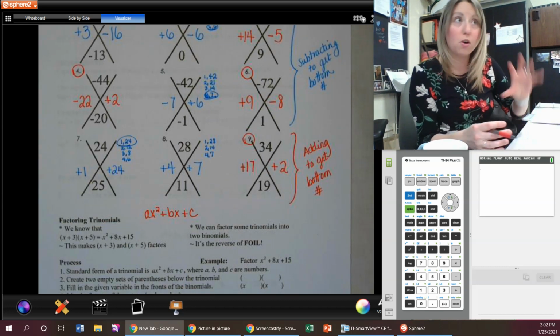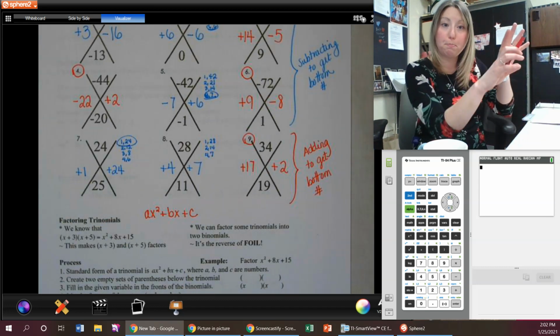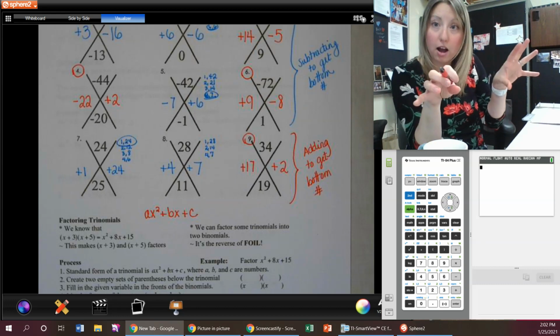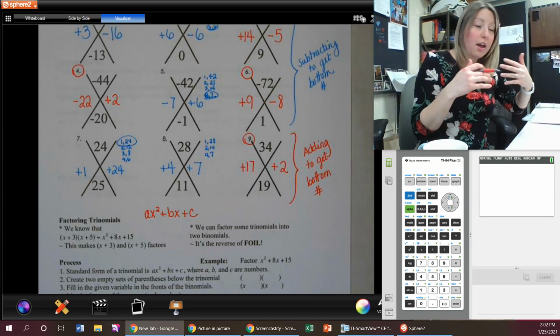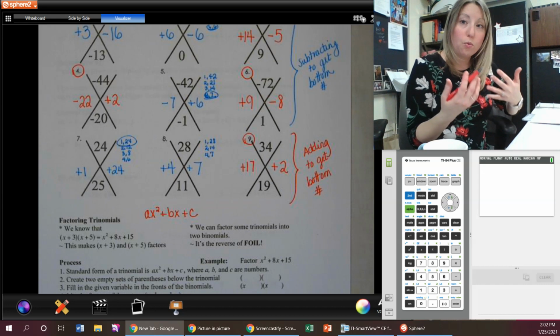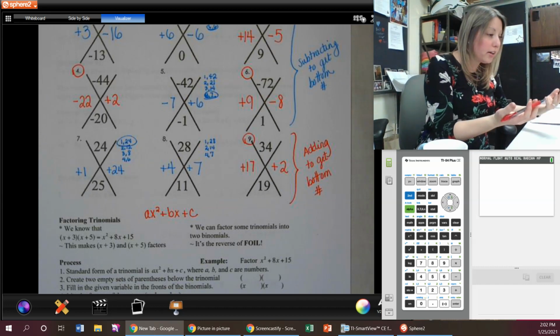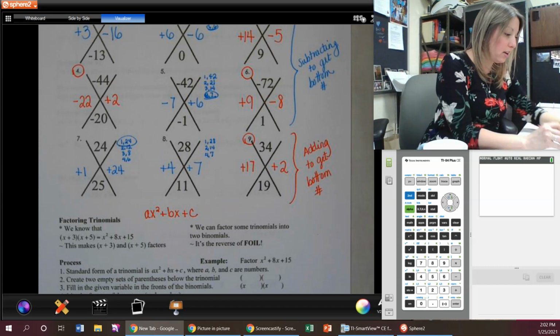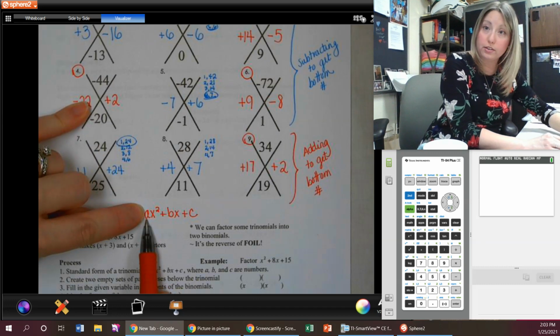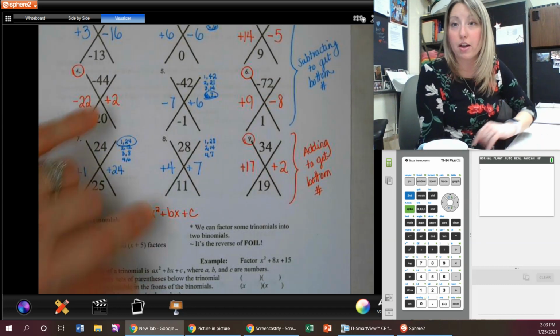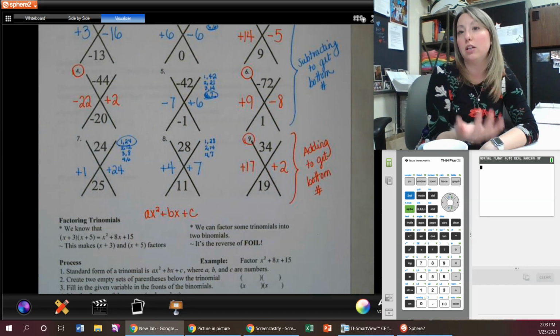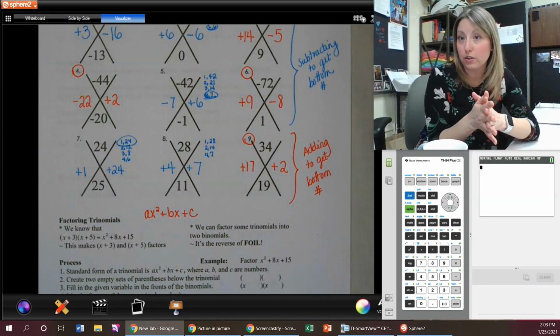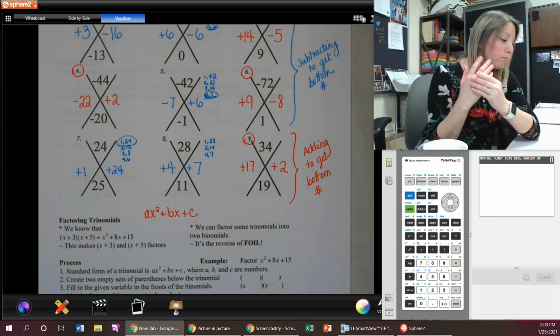Put that x squared first, that bx, and then that plus c, that constant at the end. What that meant in the title when we said a equals 1 is that this value in front of the x squared today is just going to be a value of 1. We're not going to get into further than that for the time being.